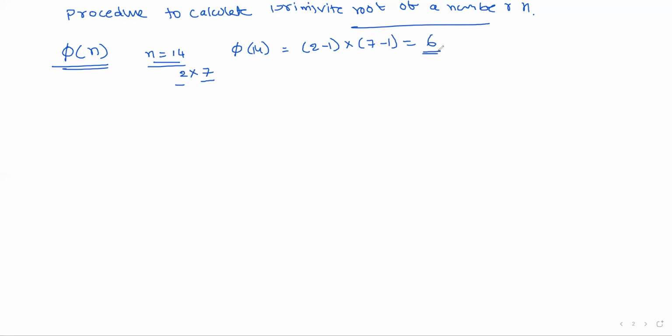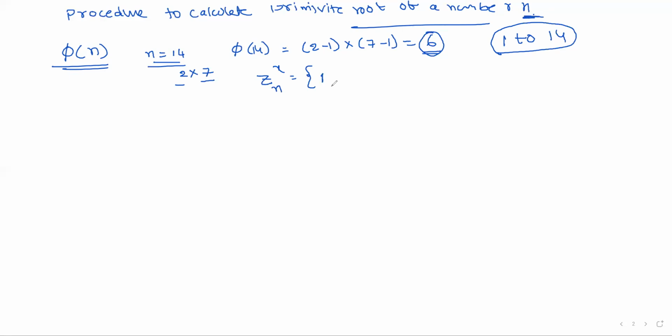So phi of 14 is equal to 6. Now, what are the elements we have? We have to consider 6 elements from 1 to 14 such that the elements are relatively prime to n.